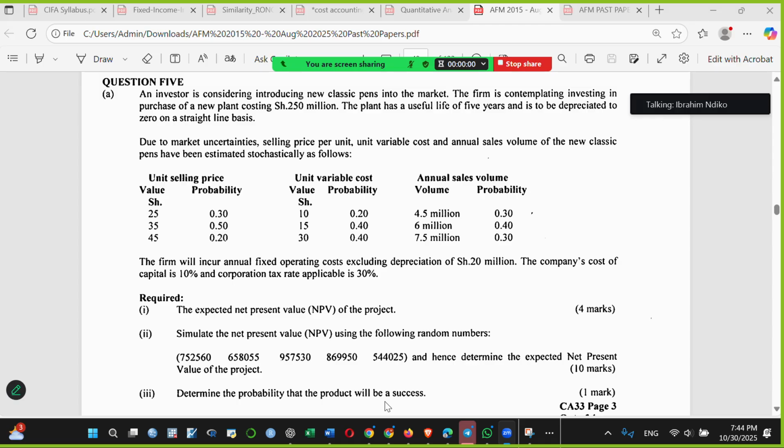Now, before uangalie random numbers, let us go back to our range. Figure zetu ziko ngapi?